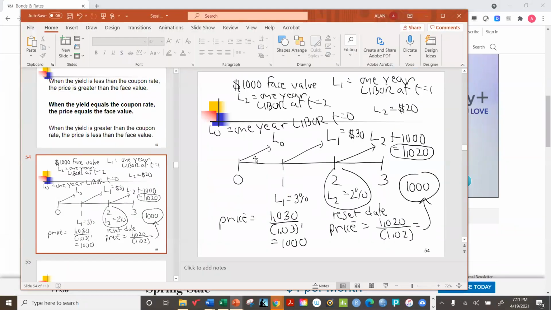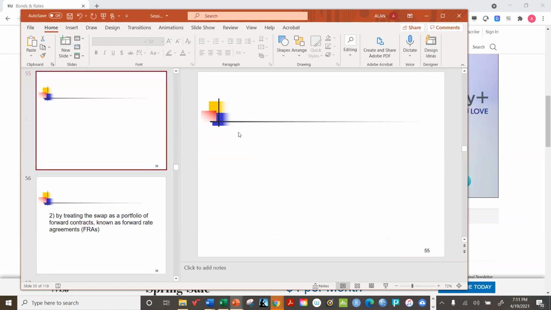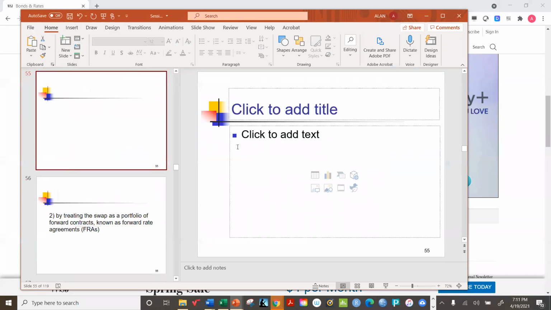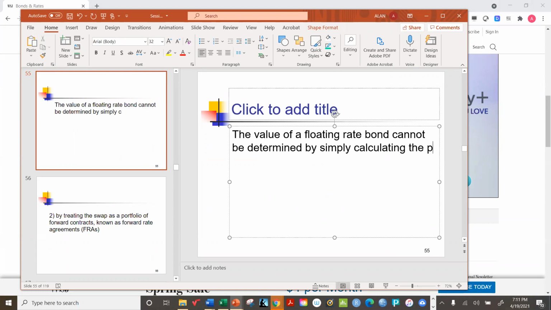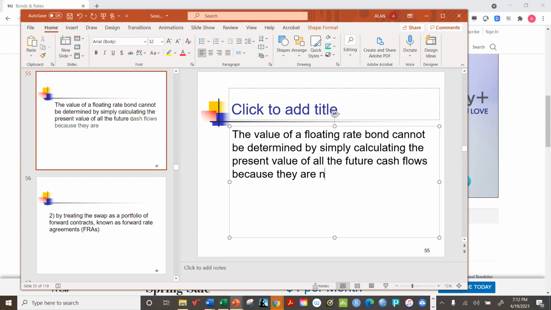All right. Anyway, what is the point of this discussion? What this means is that the value, and this is the bottom line to all of this discussion, the value of a floating rate bond cannot be determined by simply calculating the present value of all the future cash flows, because they are not known today.